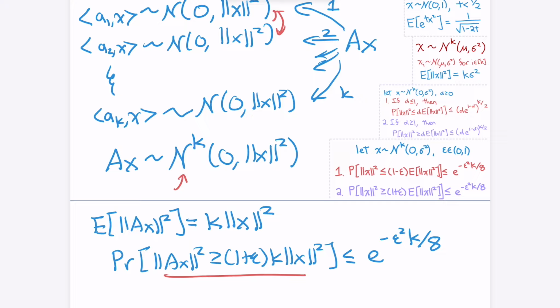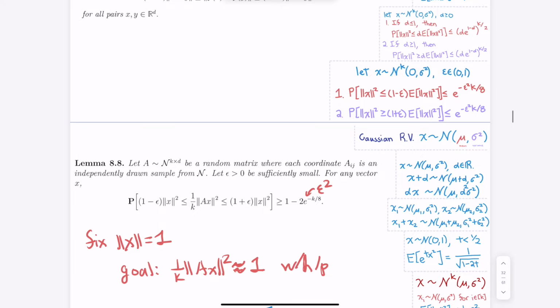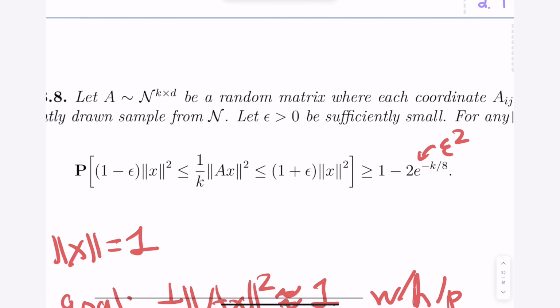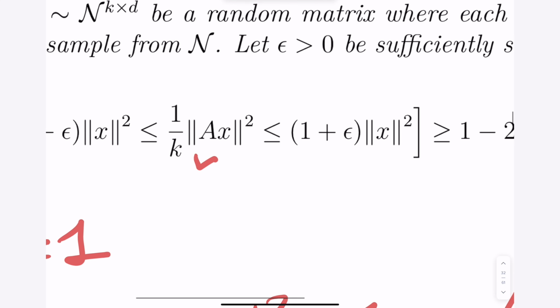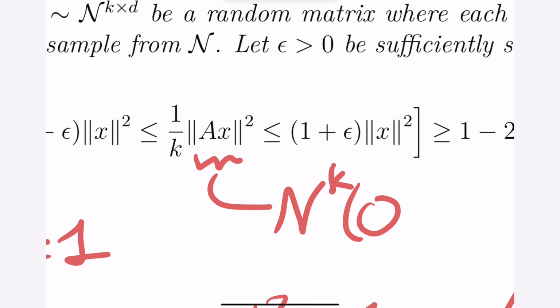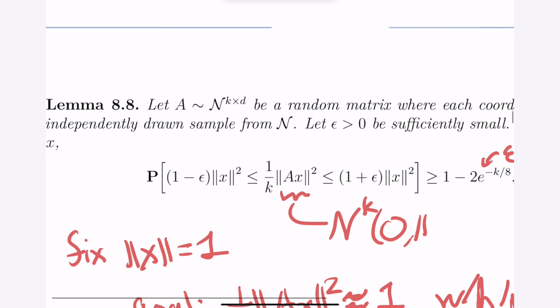A random vector with independent coordinates. So that's all this claim is doing. It's really just saying that Ax is distributed from this distribution, and everything about its length is just a fact of high dimensional random Gaussian vectors.